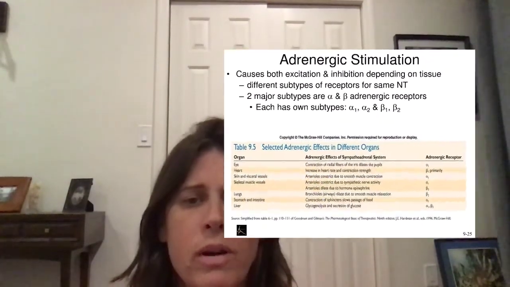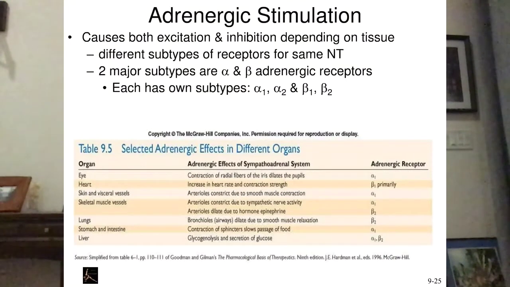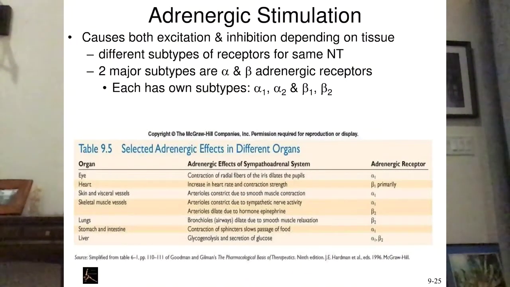So here's a little more on adrenergic stimulation. Again, the different responses happen because there are two major subtypes of these receptors. You've got alpha and beta. And even those are broken down into their own subtypes. You've got alpha 1, alpha 2, beta 1, beta 2.